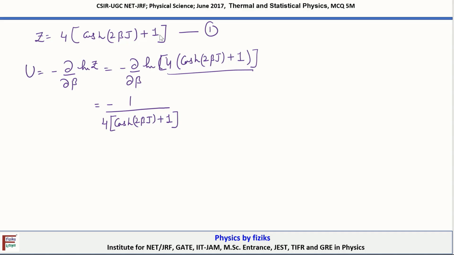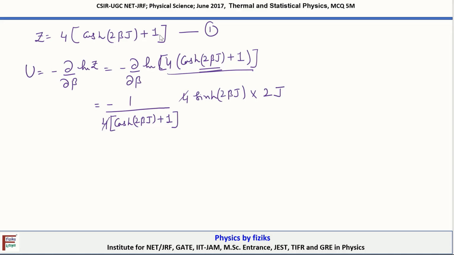Okay, so if you differentiate this quantity, this will be basically 4 and then sine hyperbolic 2 beta j, and then the differential of this quantity with respect to beta will be 2j. Okay, so 4 will cancel with 4.